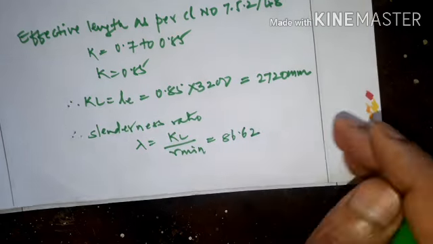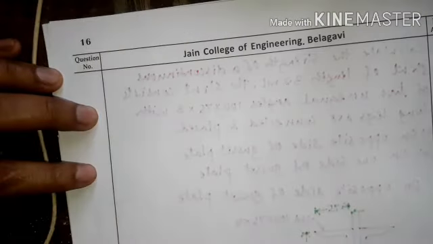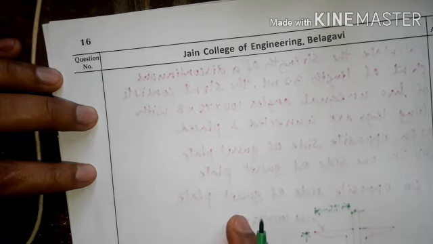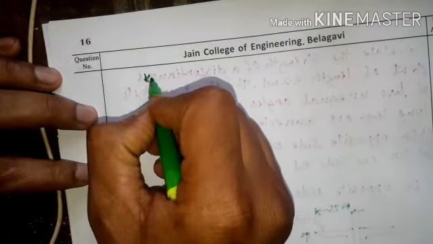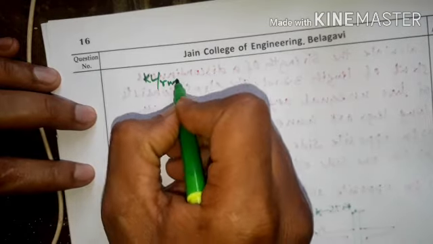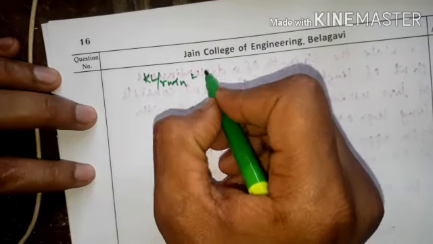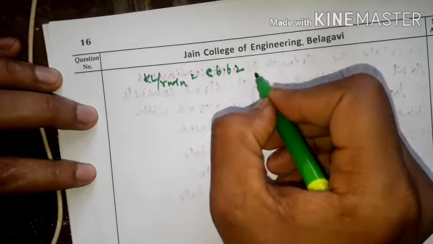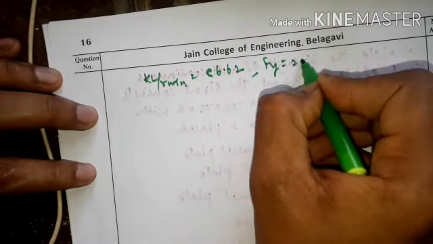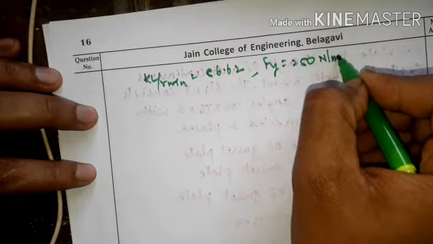Understood? So then what you have to do is find out the value of FCD based on the value of KL by R minimum. We have got KL by R minimum as 86.62, and Fy is equal to 250 Newton per mm square.